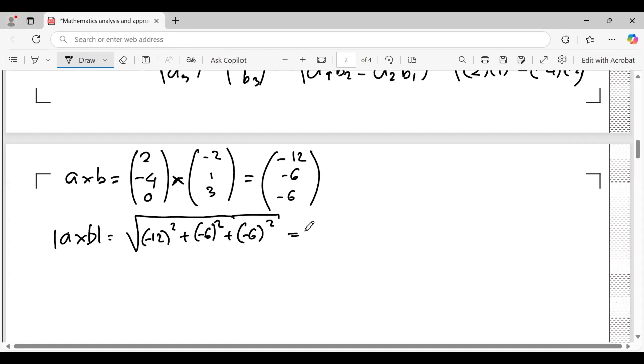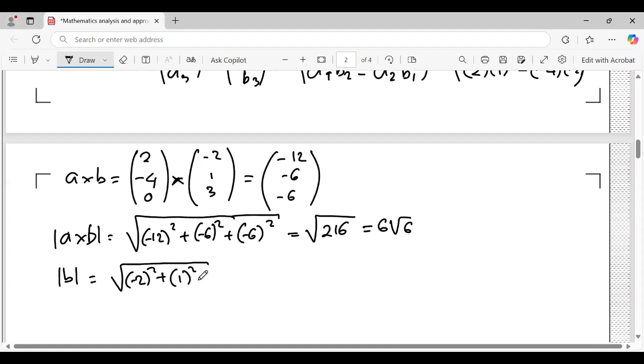If you calculate, the result is square root 216, or 6 square root 6. And modulus B equals square root of minus 2 squared plus 1 squared plus 3 squared. And the result is square root 14.